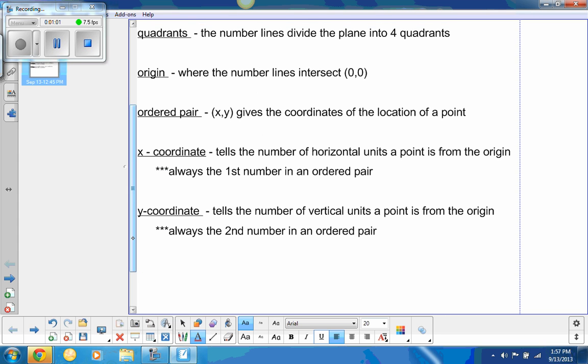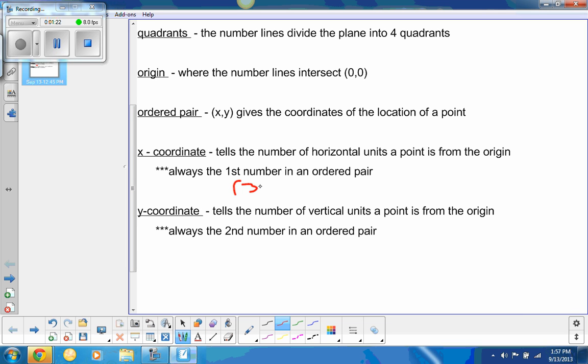Ordered pair, the x, y, it gives the coordinates of the location of the point. The x-coordinate always tells the number of horizontal units a point is from the origin, so how far left and right it's moving, and that will always be the first number in an ordered pair. So if I had the numbers 3, negative 3, 3 is always the x.